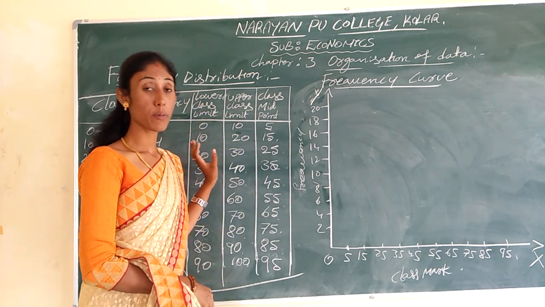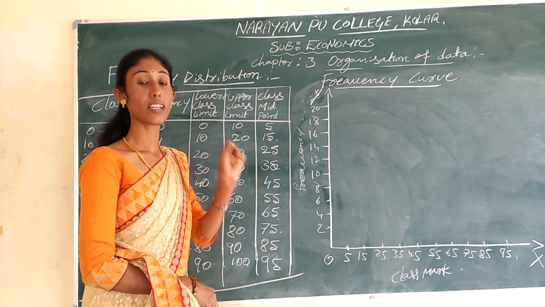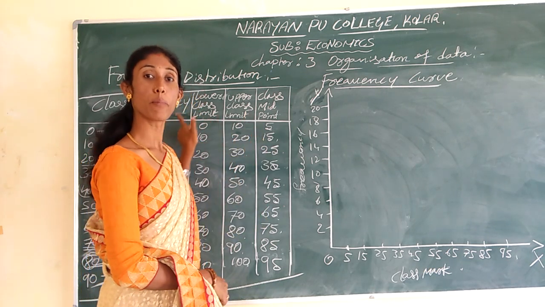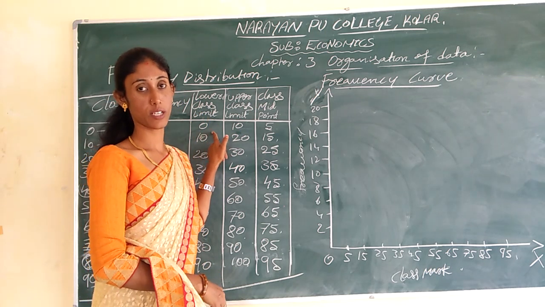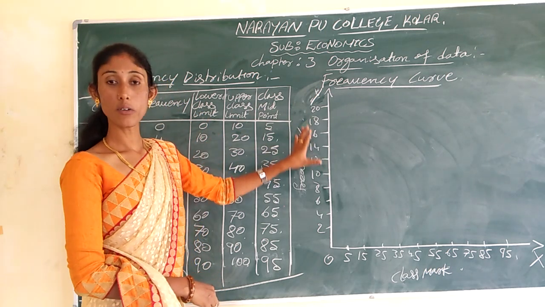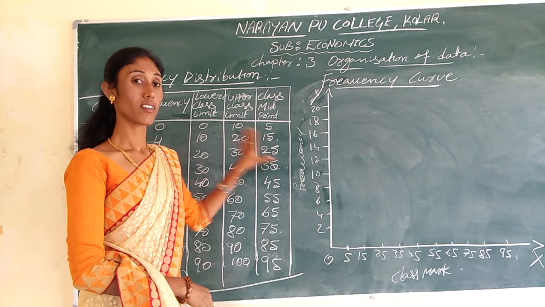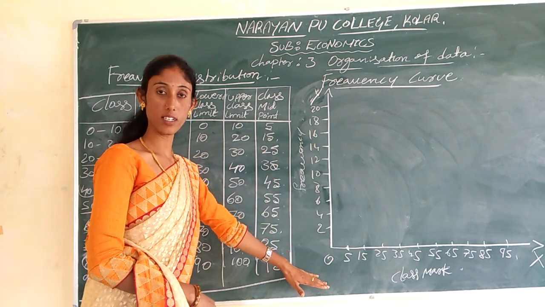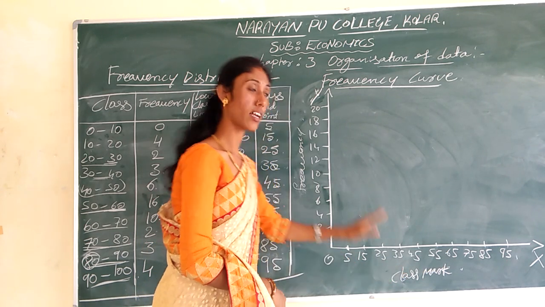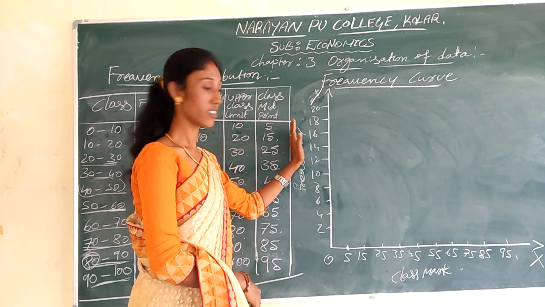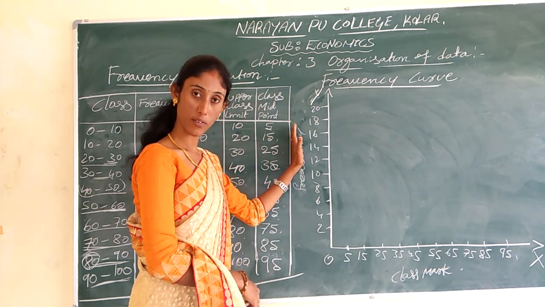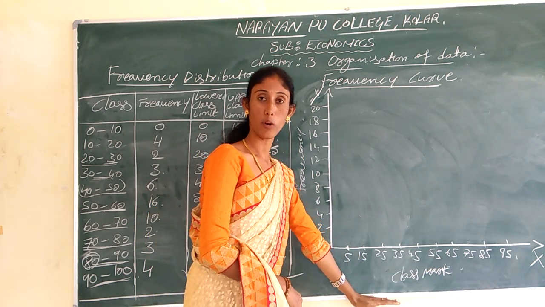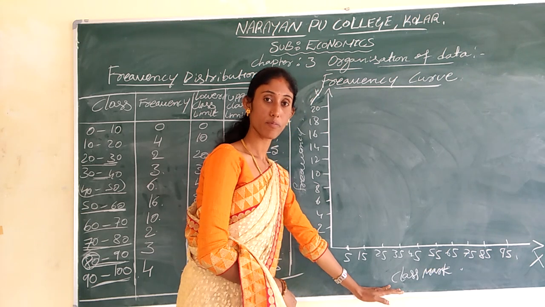In order to present the data graphically, we take two axes, one is the x-axis and one more is the y-axis. The y-axis represents the frequencies and the x-axis represents the class midpoint or class mark.